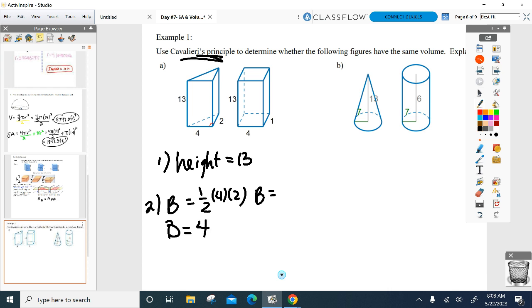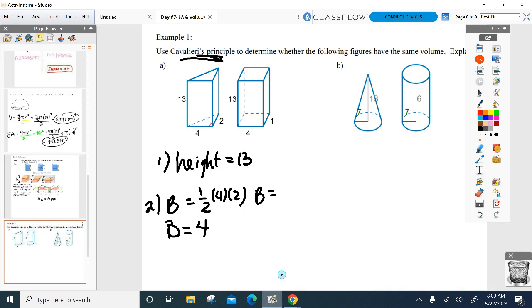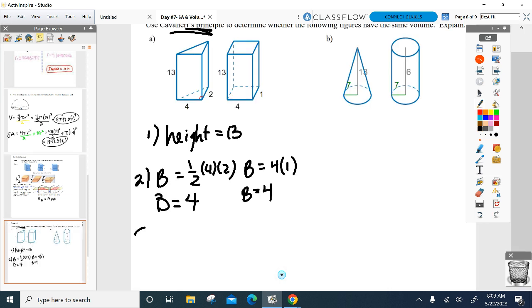What shape is the base in the next figure? So I'm going to do 4 times 1. Base is equal to 4. So we could say same volume, because they had the same height and same base area.